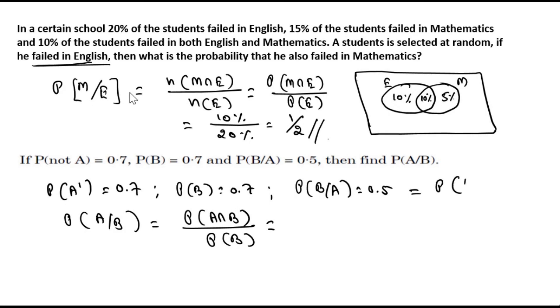This means probability of A intersection B divided by probability of A. So we can write it immediately, probability of A intersection B equal to probability of A into 0.5.